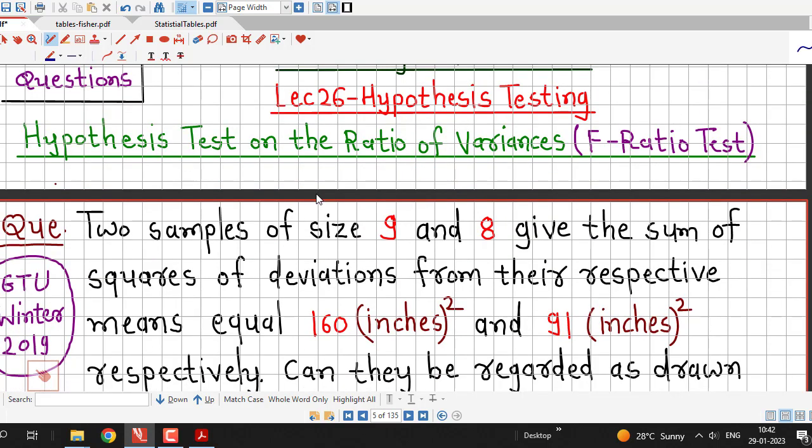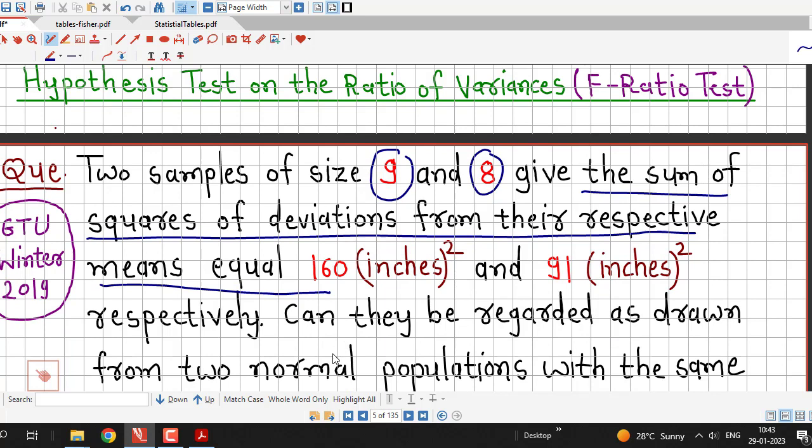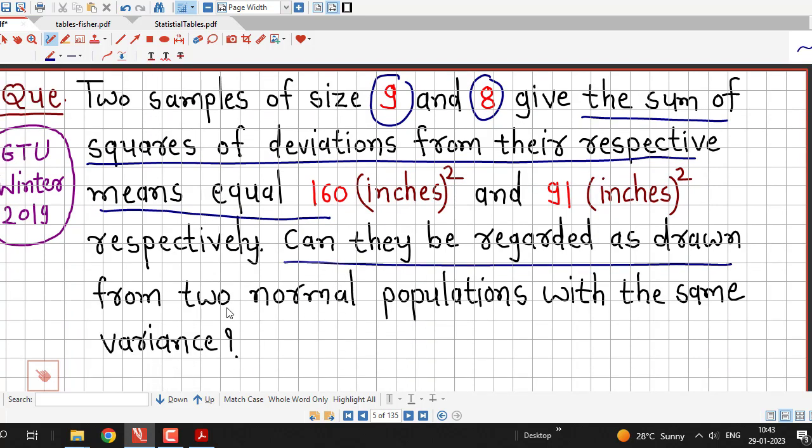This question was asked in GTU Winter 2019 exam. Two samples of size 9 and 8 give the sum of squares of deviations from their respective means equal 160 inches square and 91 inches square respectively. Can they be regarded as drawn from two normal populations with the same variance or equal variance?